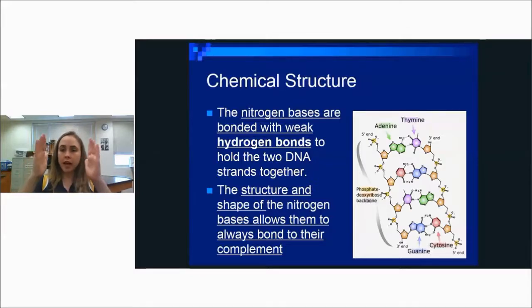So the 2 halves of the DNA molecule can easily unzip for replication purposes or getting transcribed into RNA. So the structure and the shape of the bases allow them to always bond to their complement, and the hydrogen bonds that hold them together are weak so that they can separate and come back together very, very frequently.